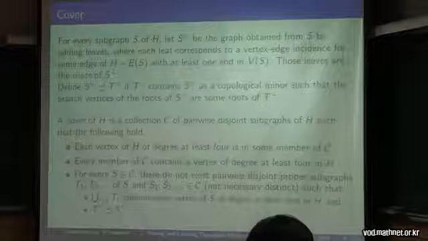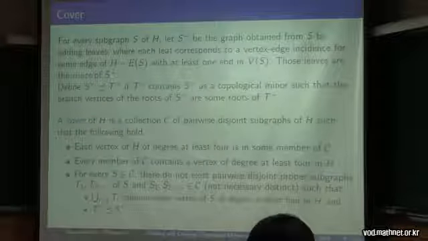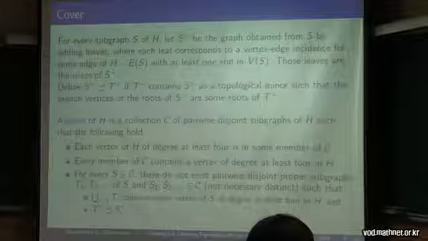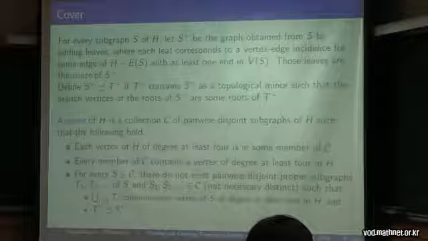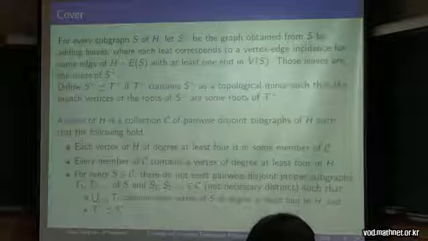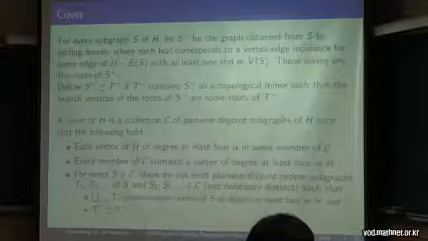Then I should not put S into the cover, right? I should put T1, T2, and so on into the cover instead of putting S into the cover. So this condition just means every member of the cover is somehow minimal. Okay, so that's the definition of a cover.